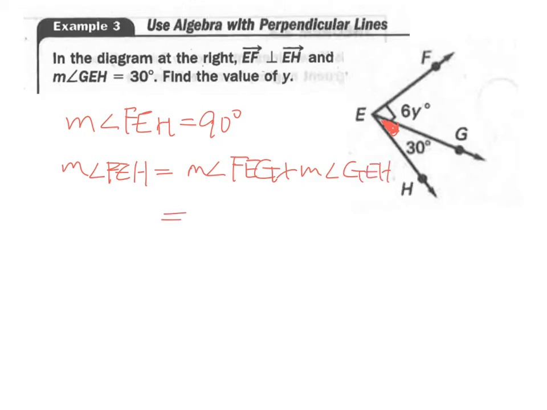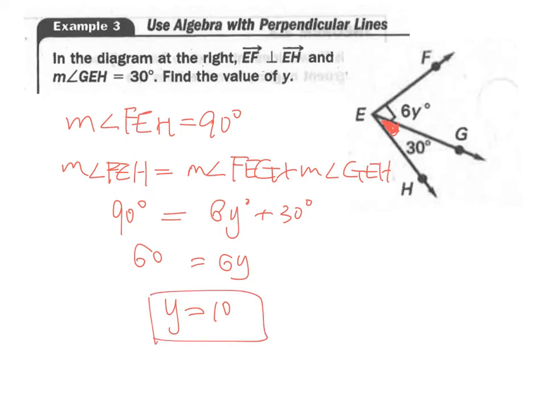And since we know FEG is 6y degrees and GEH is 30 degrees, and we know that FEH is 90 degrees because it's a right angle, then we can simply do our algebra and solve for y equals 10. And if I plug it back in, 6y is 60. 60 plus 30 is 90 degrees. So I just verified that I did this problem correctly. And here is my final answer for y.